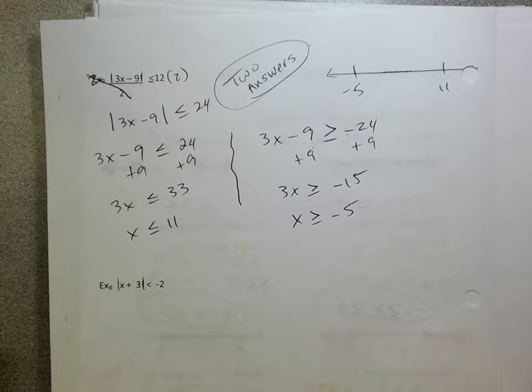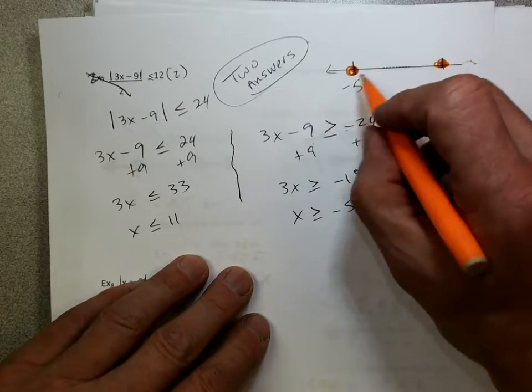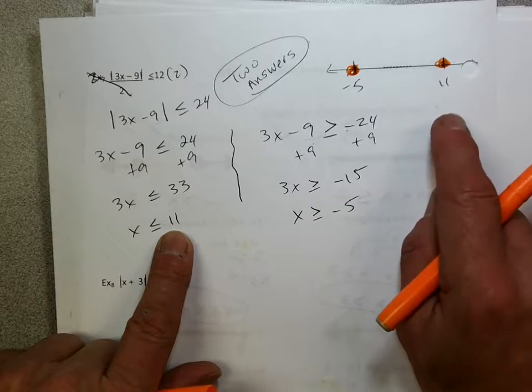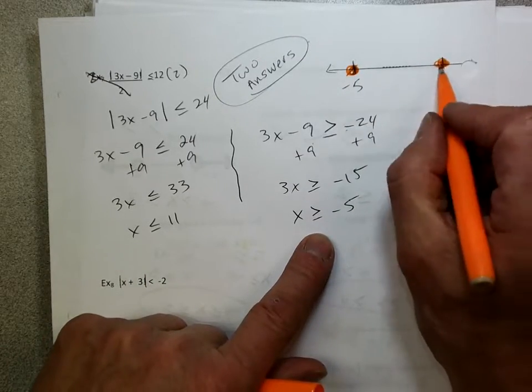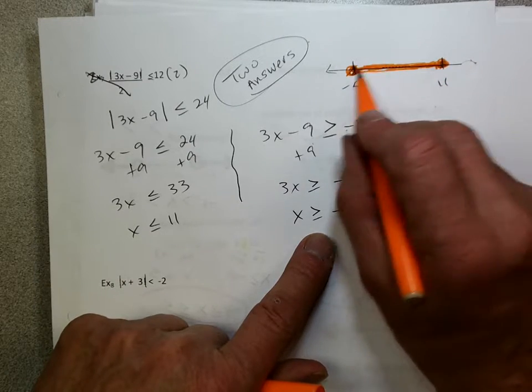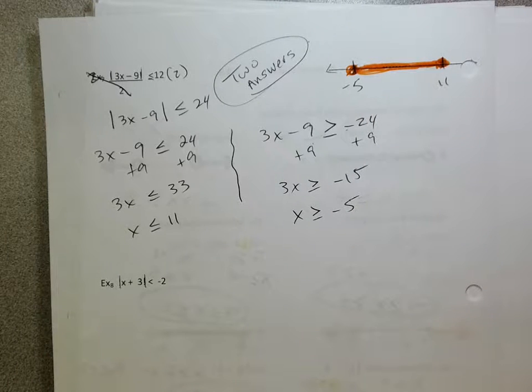Solid dots, right? Solid dot. Solid dot. Now, if it's going to be less than 11, it's going to go this way, but greater than negative 5, so they're going to kind of interlock, overlap. Okay, there's the number line.